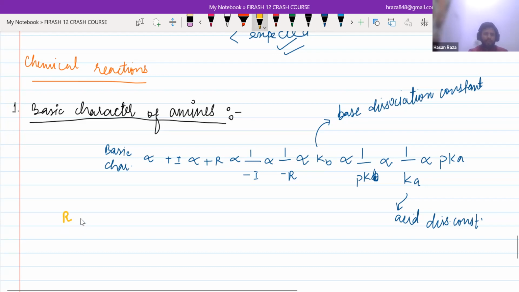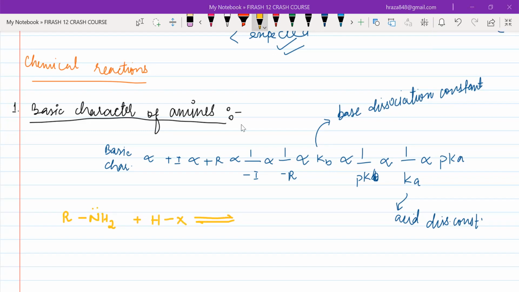Now see, if a base which is amine, 1 degree amine, is going to react with an acid that is HX, what will be the product? Basically, the product will be salt. Are you saying anything, Firaz? No, sir. Okay.